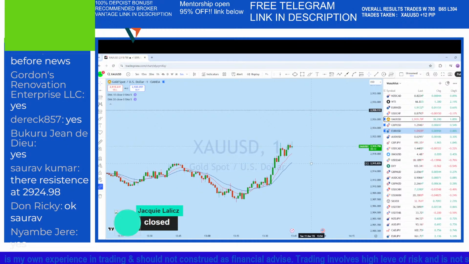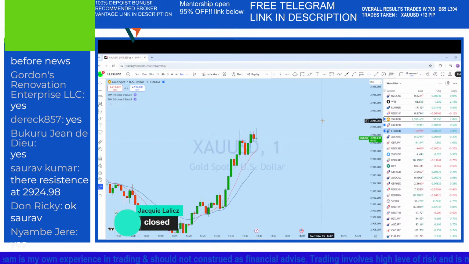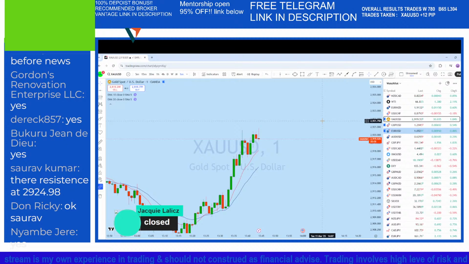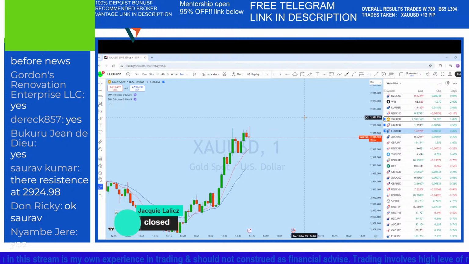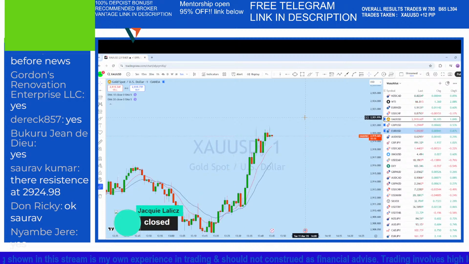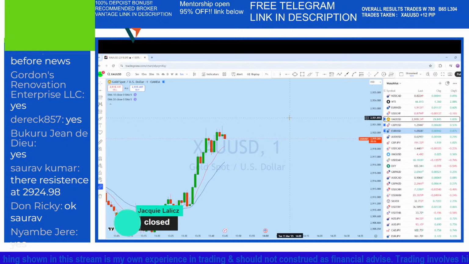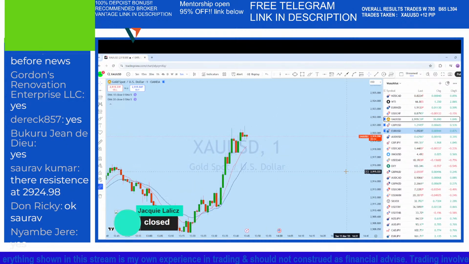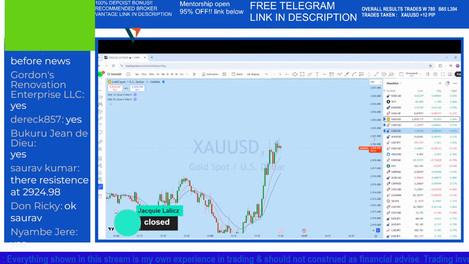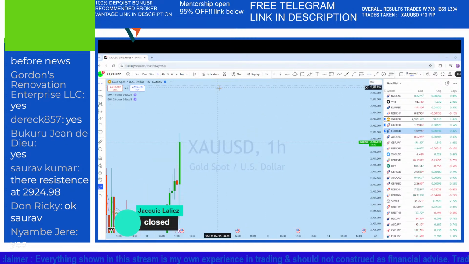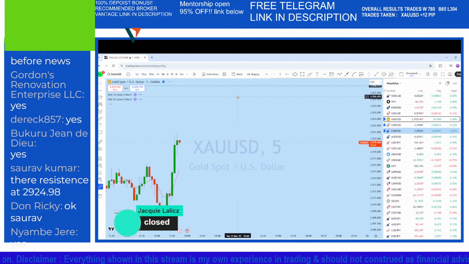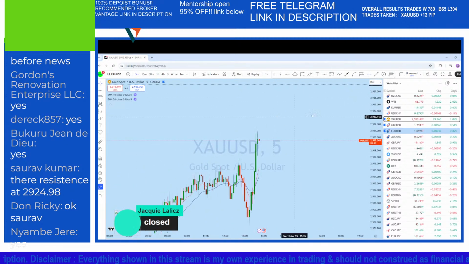So here, with this support, it's getting an upside. If you look here, you can see the 5 minute chart.